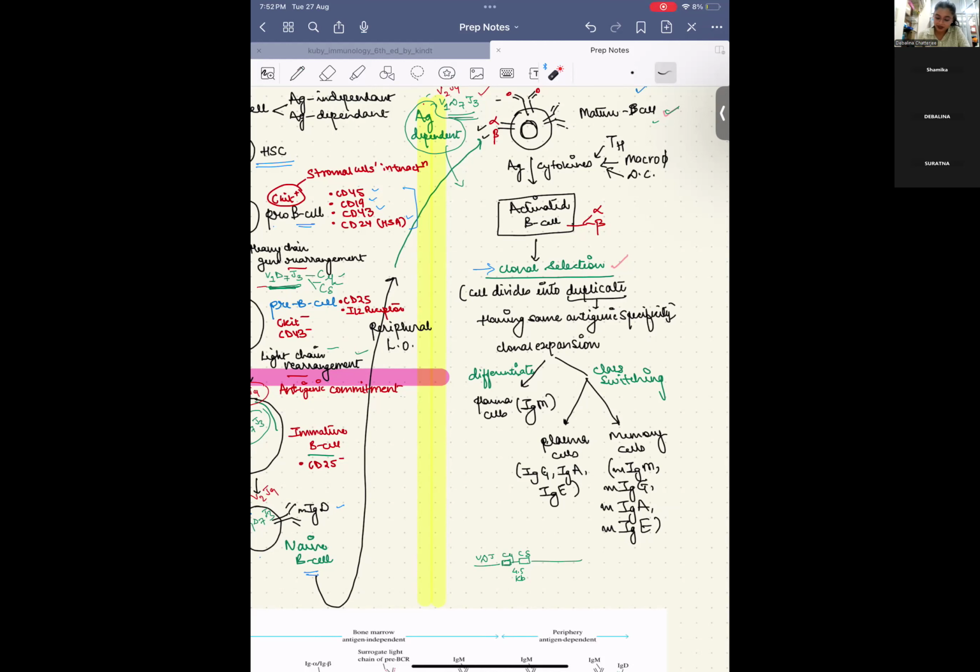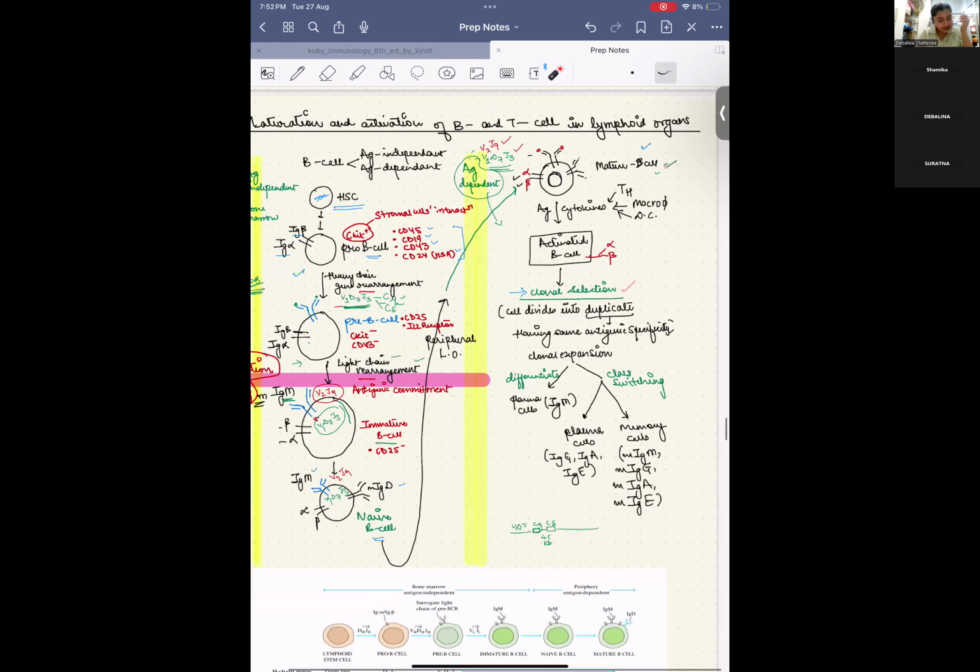So the body would want a multi-pronged approach taking care of the same antigen. It might want complement activation, it might also want neutralization, opsonization, and how is it going to bring about it? It needs to switch the isotype.